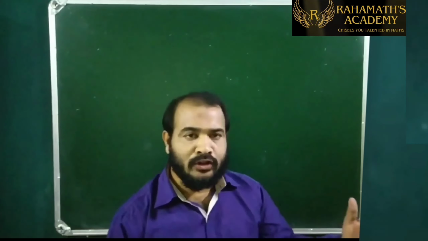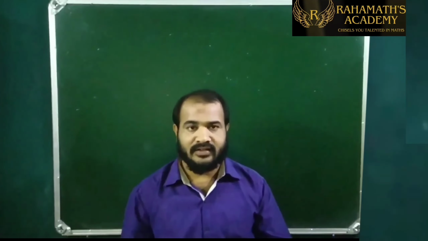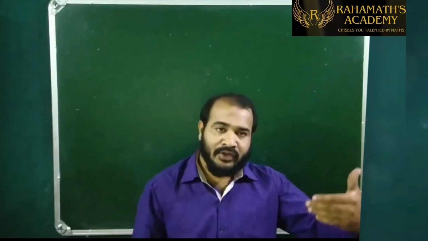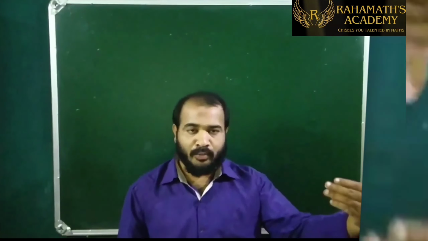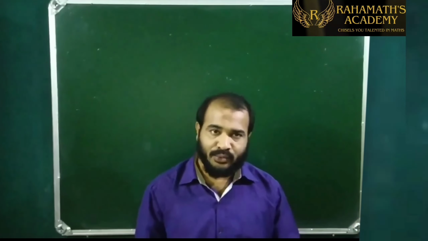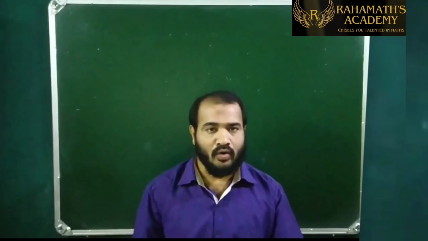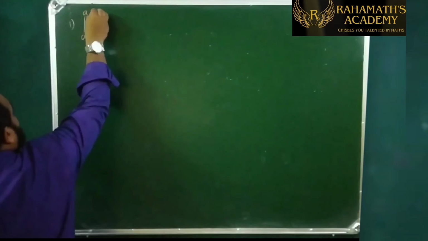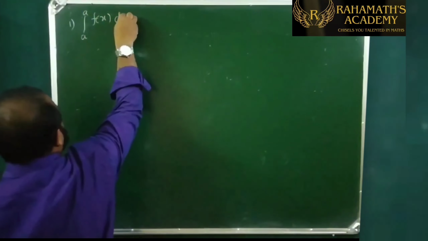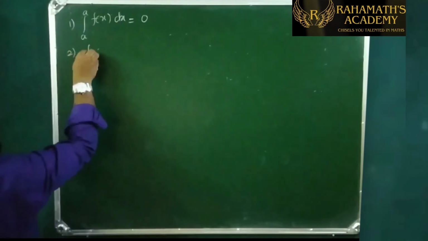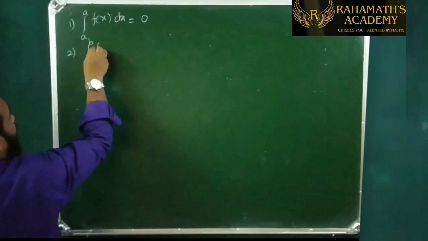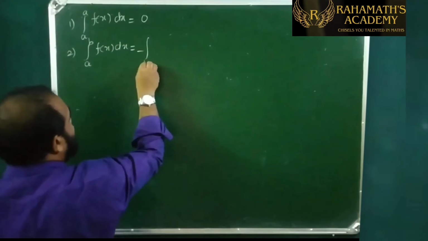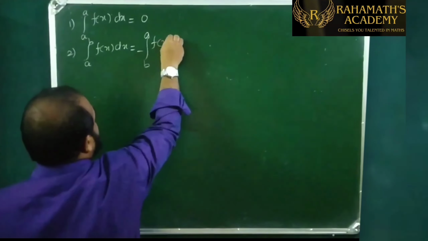Let us write all the properties that we have learned at one place for the better understanding. And if we write all the properties here, then it is easy for us to work out the problems from tomorrow onwards. So very first is integral a to a f of x dx equals to 0. Integral a to b f of x dx is equals to integral minus b to a f of x dx.